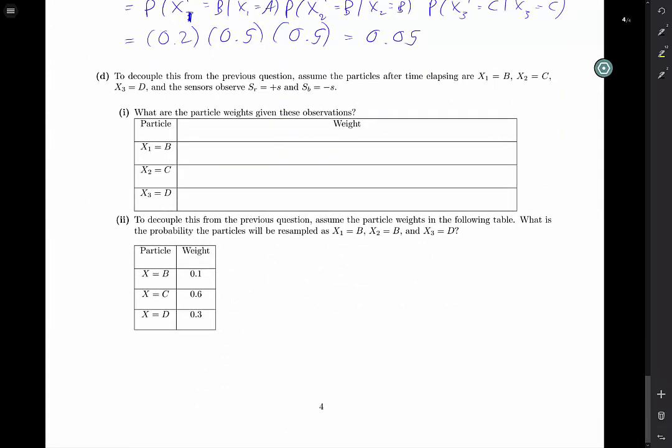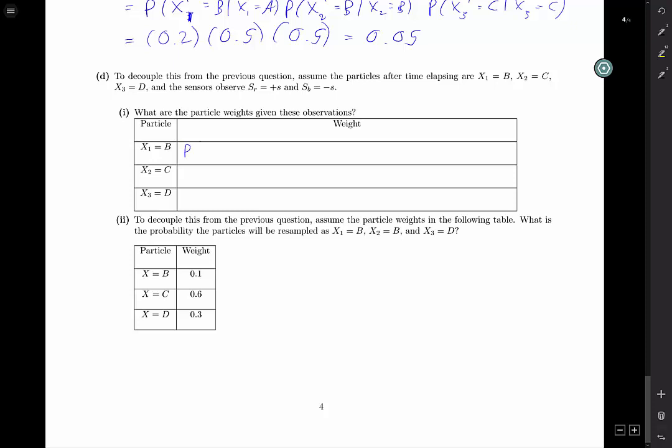Now let's say, to decouple this from the previous question, assume the particles after elapsing are as follows, and we observe the following for the roof sensor and the basement sensor. What are the particle weights given these observations? The particle weights are the multiplications of the observations because the observations are independent.